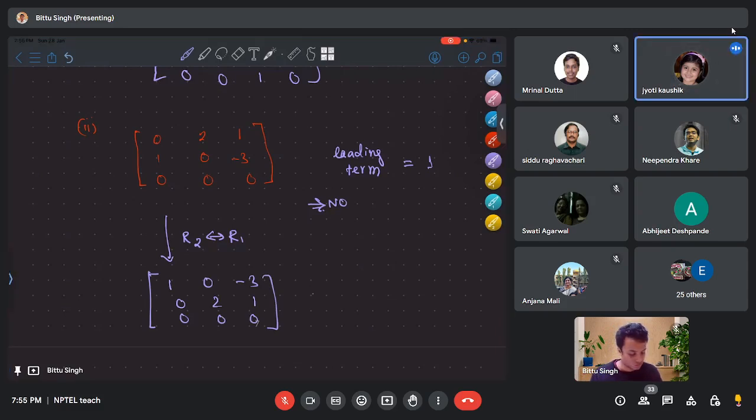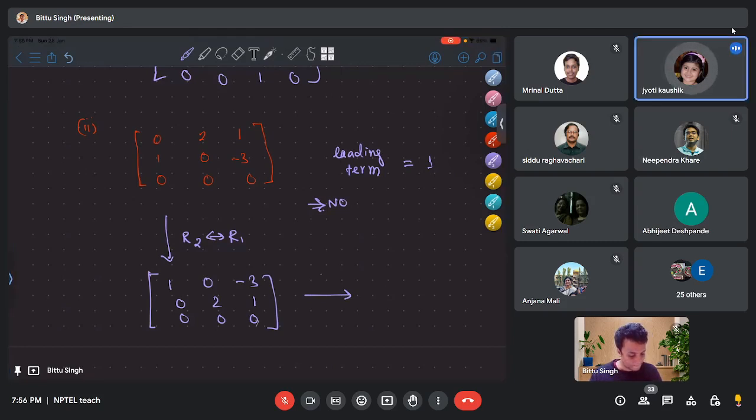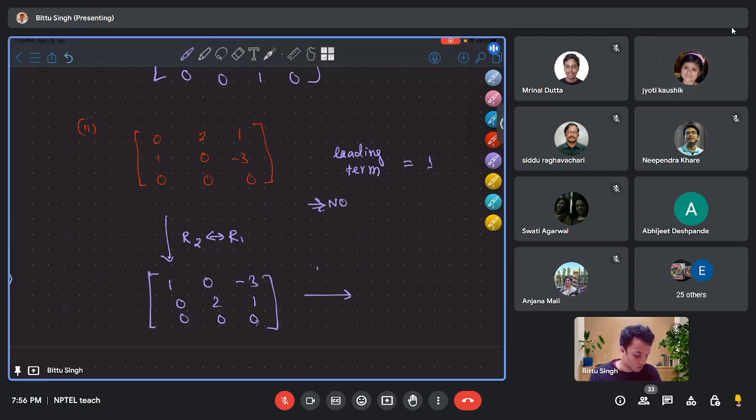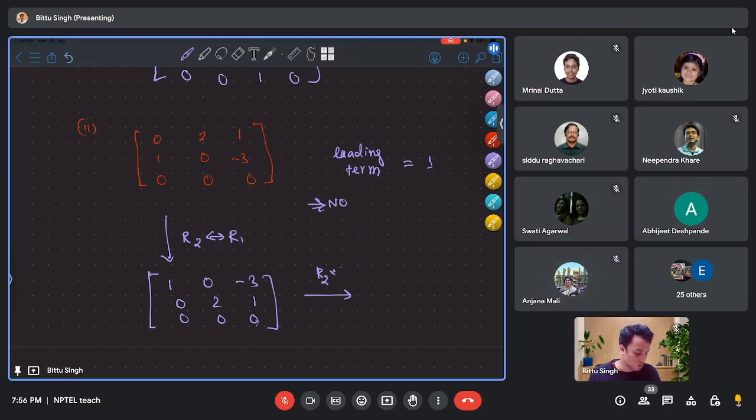No. So what do we need to perform? First, in R2, A22 should be 1. So R2 should be multiplied by 1 by 2. Yes, correct. And this will give 1 0 minus 3, 0 1 and half, 0 0 0. This is row reduced.